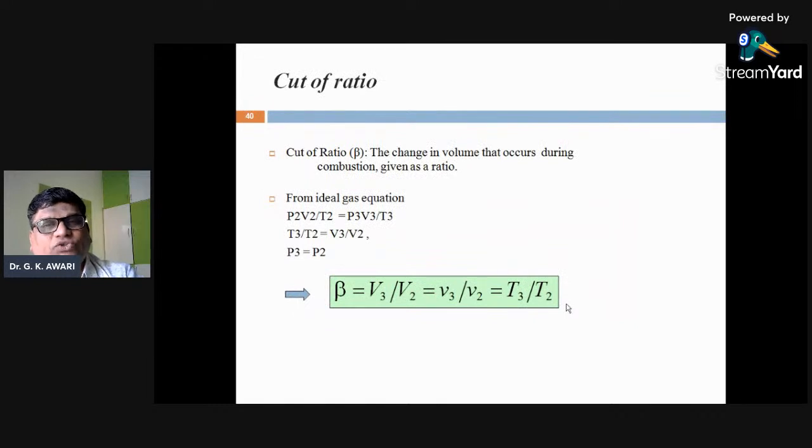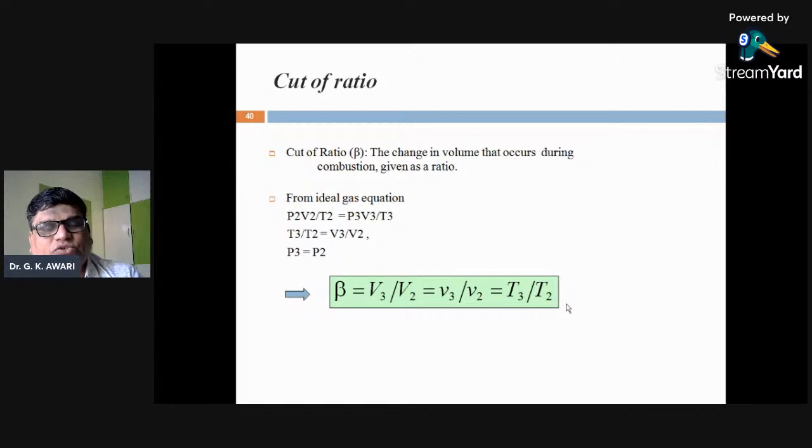Then cutoff ratio. So cutoff ratio is beta. What is the cutoff ratio? The change in volume that occurs during combustion, given as a ratio, is called the cutoff ratio. So from the ideal gas equation, P2 V2 divided by T2 is equal to P3 V3 divided by T3. So therefore T3 by T2 is nothing but V3 by V2, because rearranging the terms, and for this ideal gas equation P3 is equal to P2.